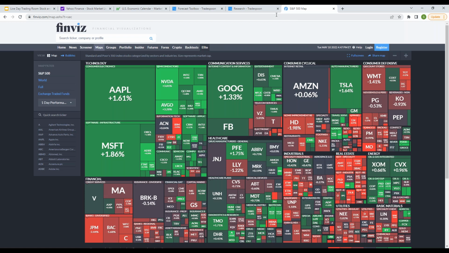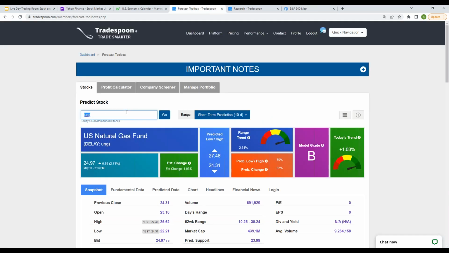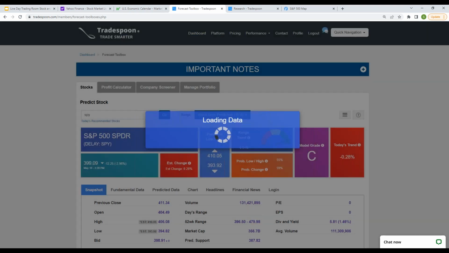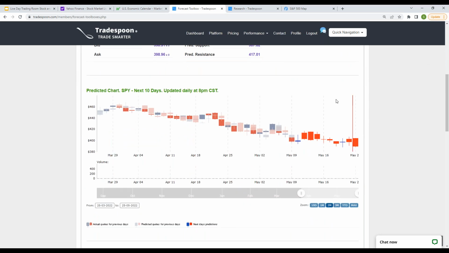Let's talk about where else we might get some ideas about possible sideways action. What makes us believe the market is going to go sideways? Well, if I have a cyclical showing sideways and I look at my range trend and it's neutral, and then I come down here and I look at this and I say, well, that's mostly sideways, mostly sideways with a little bit of a turn.